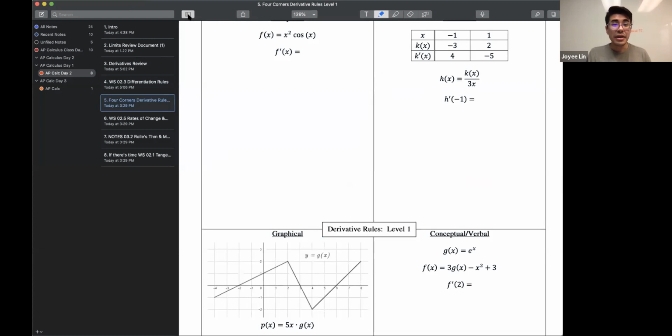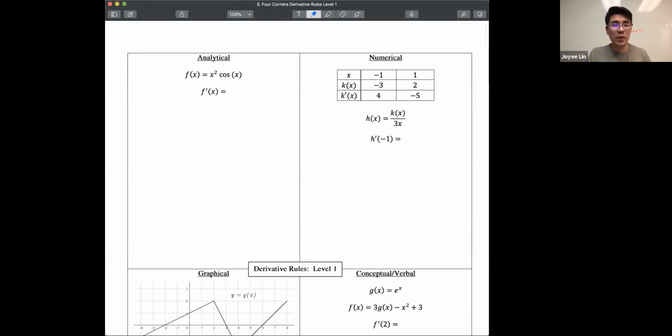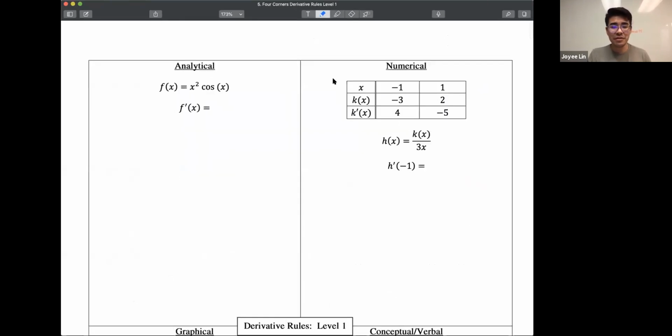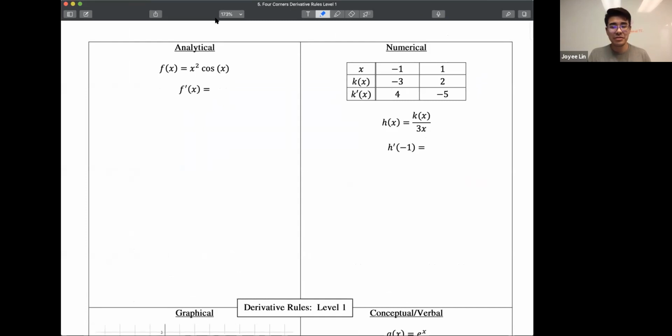So here we have the 4 ways of looking at a derivative. One is just analytical. When you have something analytical, all you need to do is take the derivative normally.